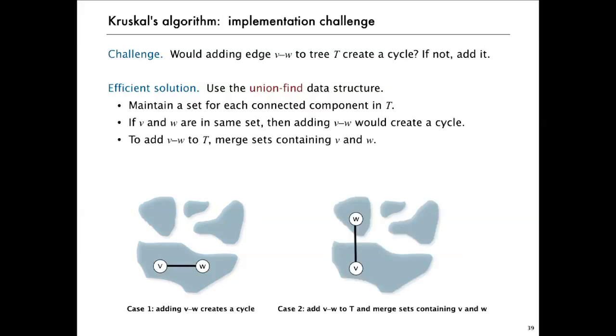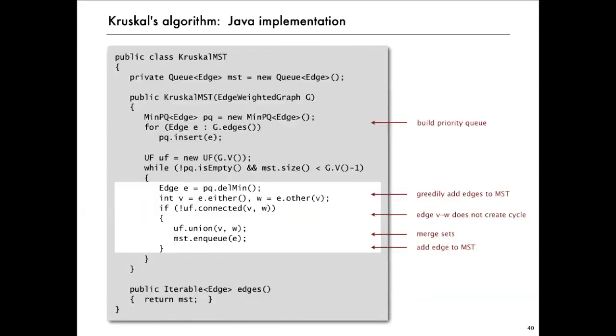Otherwise, we're going to be adding the edge to the tree, so then we just do the union operation and merge the set containing V with the set containing W. Those are the two things that we need to do, and those are the two things that union find does for us. So this leads to a very compact implementation of Kruskal's algorithm.